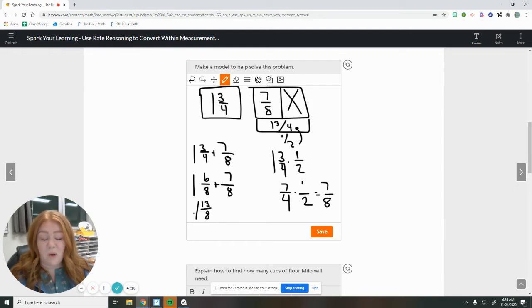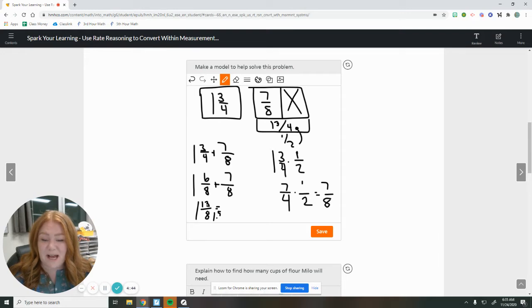But I can't have a whole number and an improper fraction here. So I know 8 goes into 13 one whole time. And then 8 to 13 is 5. Let's see. 8, 9, 10, 11, 12, 13. Sorry, I'm making this video very early in the morning, so my brain is not quite working yet.